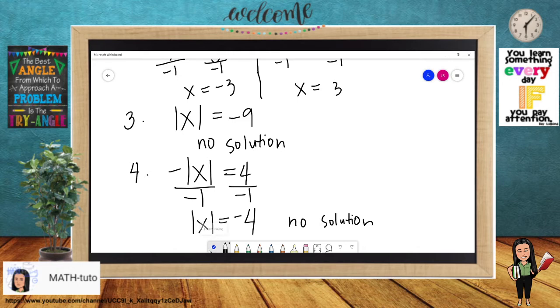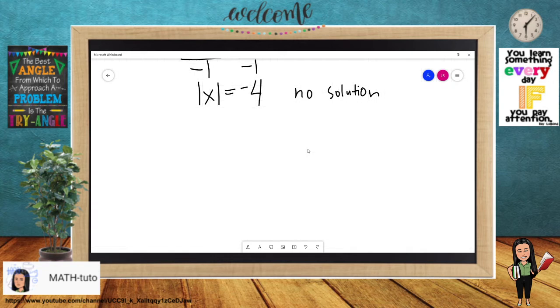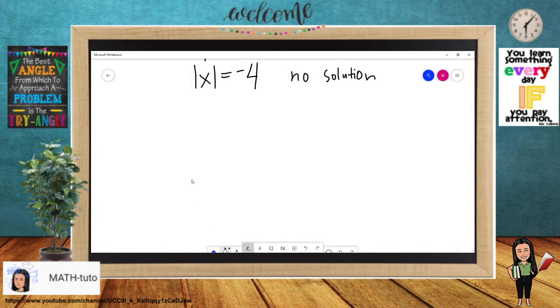Sige, let's have another example. Number 5 na tayo, no? Negative absolute value of x equal to negative 4. Ito naman, negative to. We cannot conclude immediately that there will be no solution.